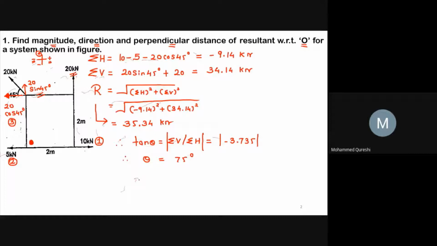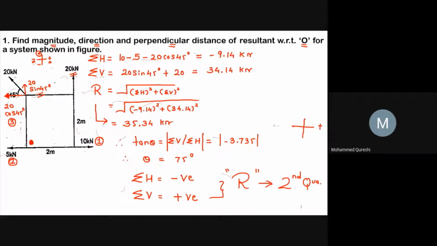Here, since the value of sigma H is negative and the value of sigma V is positive, our resultant, that is capital R, will be in the second quadrant, as we had discussed in the previous lecture also.